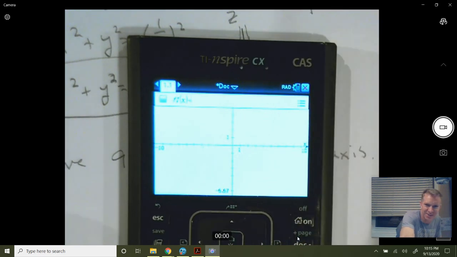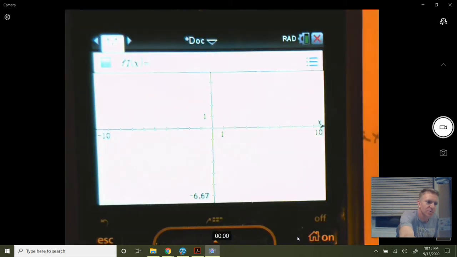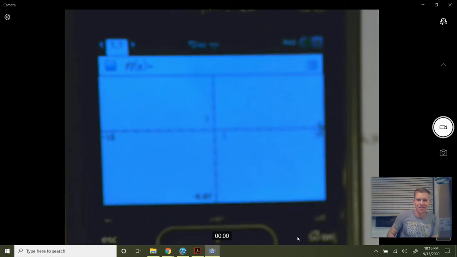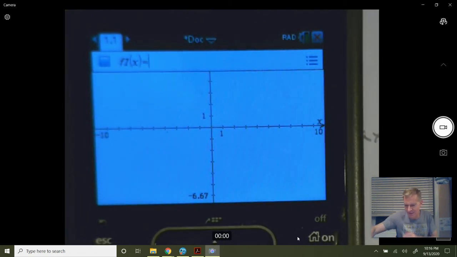Maybe I have to make that bigger so we can focus on this thing. Okay, our graph is going to look something like that. That's worse. Let's try one more time. Okay, that's going to be the best we can do.